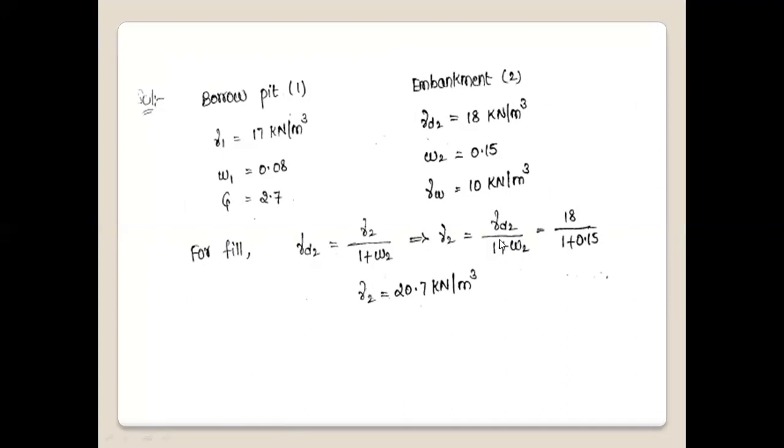So gamma 2 equal to gamma D2 into 1 plus W2, that is 18 into 1 plus 0.15.